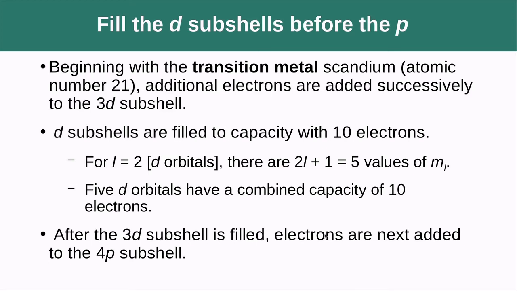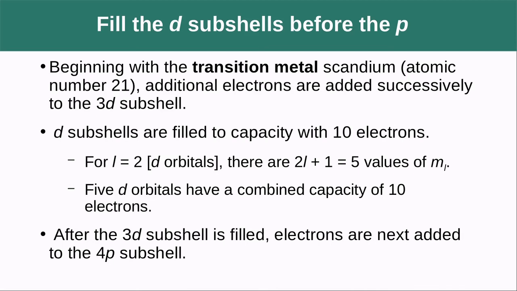Okay. There are some rules about the d subshells that are a little inconvenient for us. So beginning with the transition metal scandium, atomic number 21, additional electrons are added successively to the 3d subshells. These subshells are filled to capacity with 10 electrons.